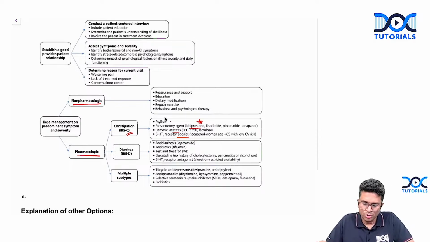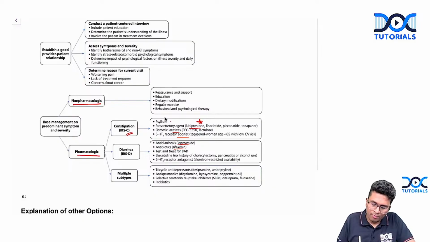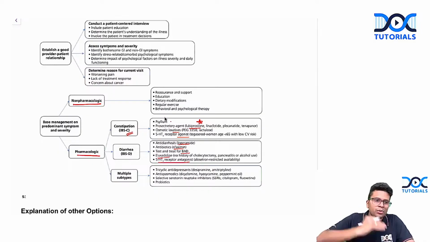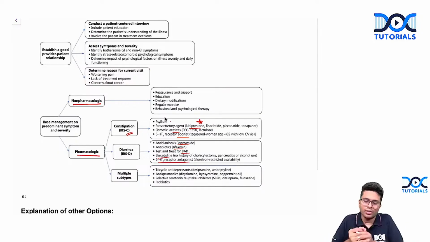The rest of them are usually drugs used for IBS-D, like loperamide and rifaximin. We could give a trial of bile acid sequestrants, eluxadoline, and 5-HT3 receptor antagonists based on different subgroup categories. We have different inclusion and exclusion criteria to decide why we give these particular pharmacological medications.